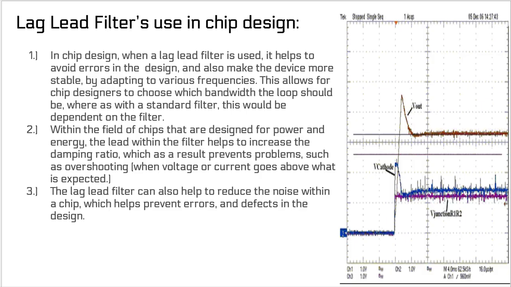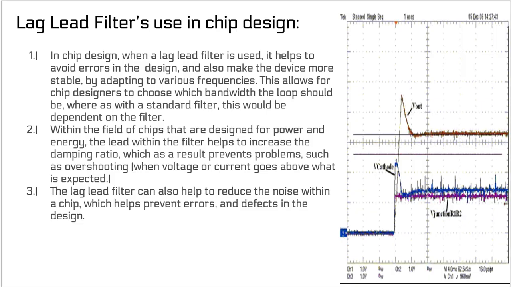And just to mention, overshooting is when voltage or current goes above what is expected. Here's a graph showing that the voltage is expected not to go past this line. That's the expectation, but the voltage goes above it and exceeds what it's expected to go.